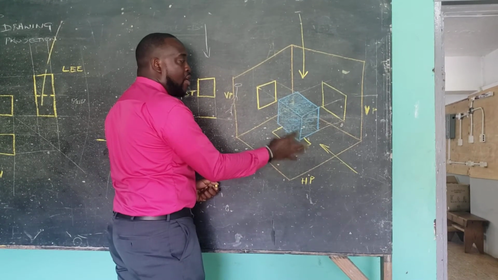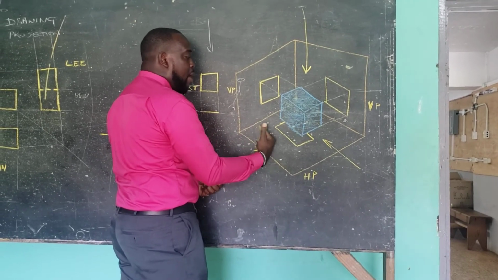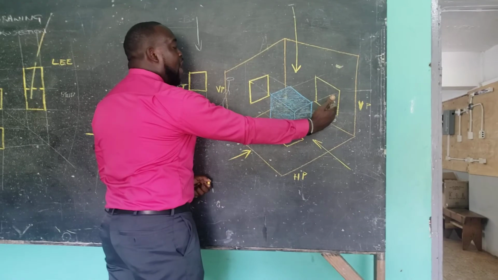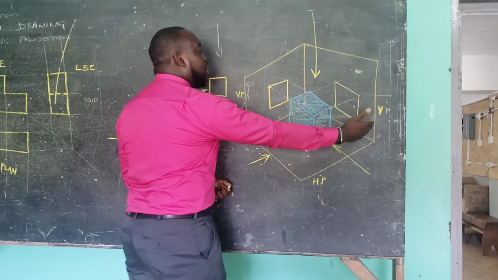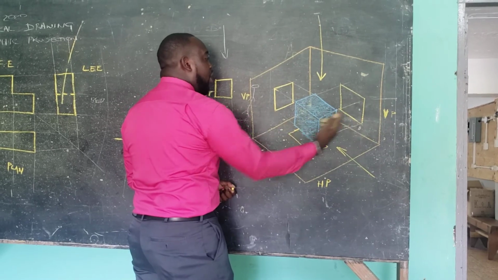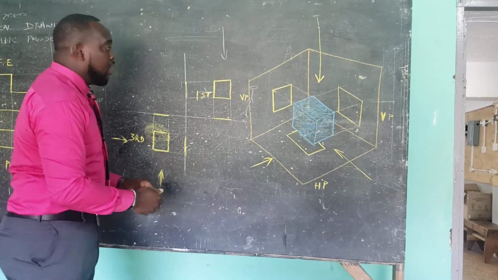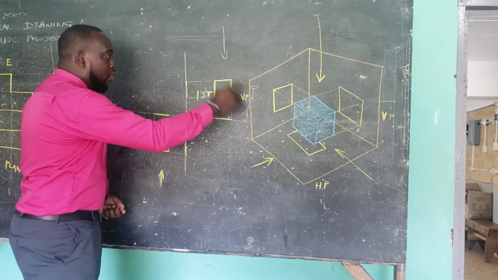Is that clear? What is seen from the left is drawn on the right, and vice versa. If we're standing over here and this plane was on this side, what we would see from over here would be drawn over here. And that is the fundamentals as relates to first angle.